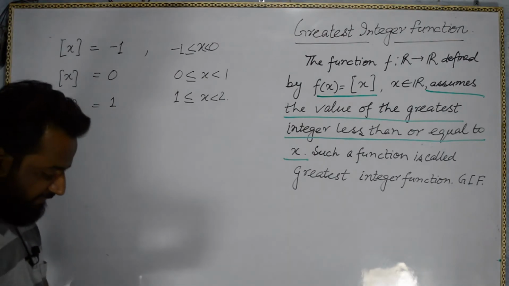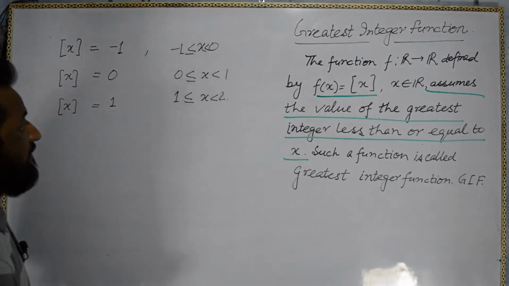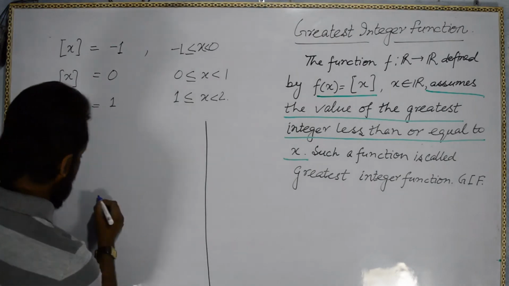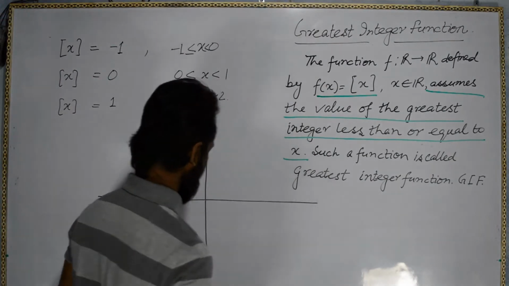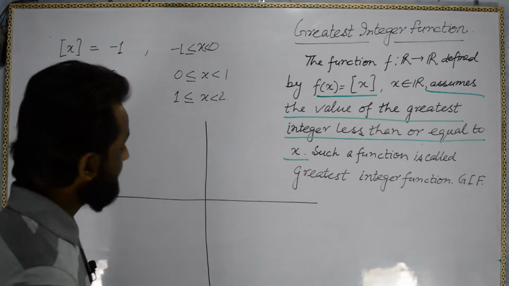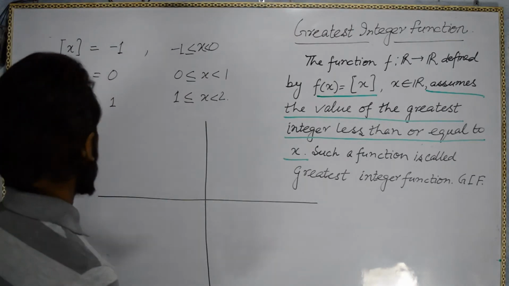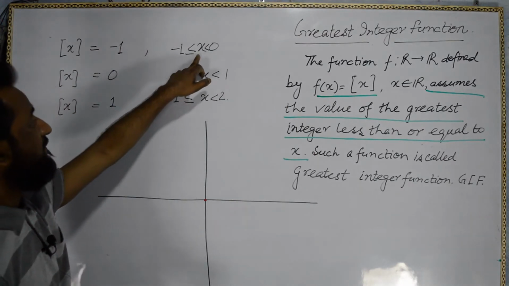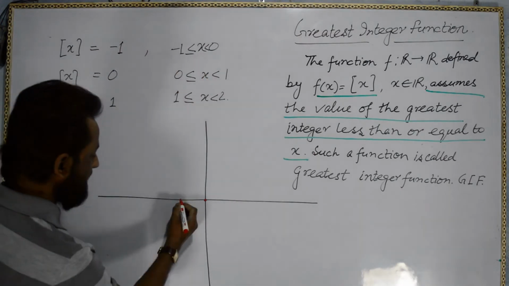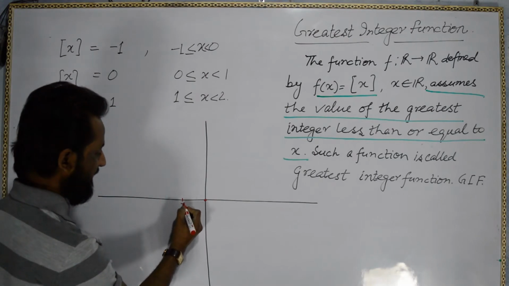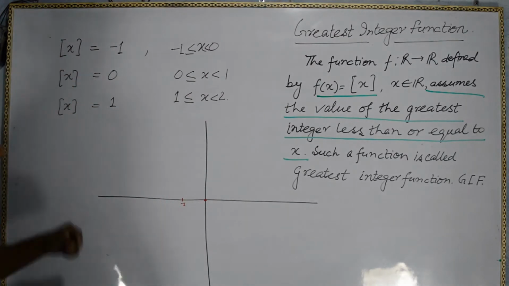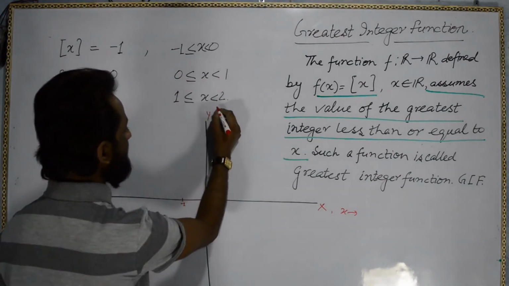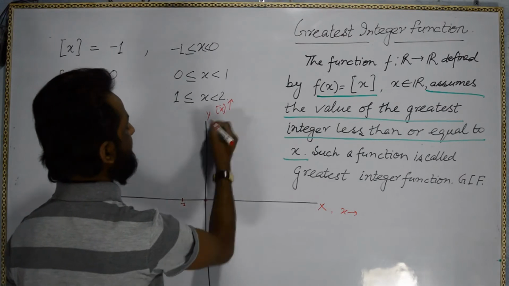Okay, so let us draw the graph. How will it be? If I have the point 0 here, when the x value is from -1 to 0, -1 will be here. On the x-axis x is running and on the y-axis bracket x is running.